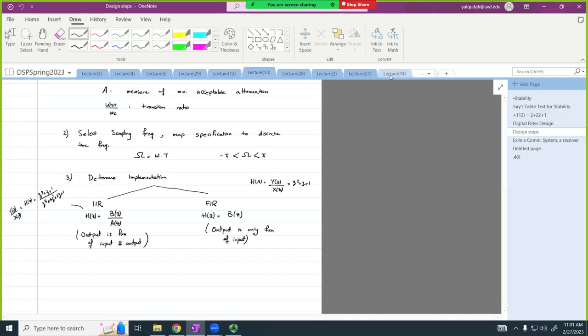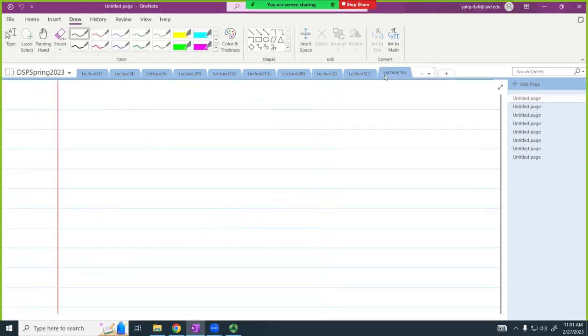So before we start the filter design, we're going to do a simple example, and we'll try to highlight a few points in this example. So let's say we have a communication channel.